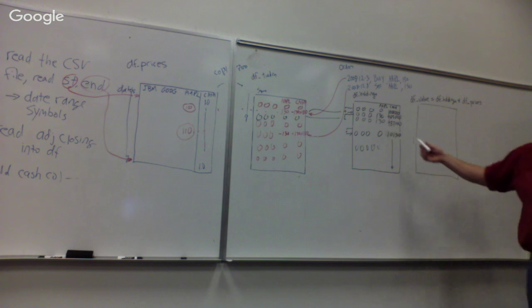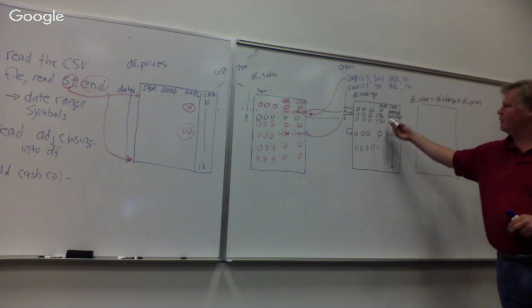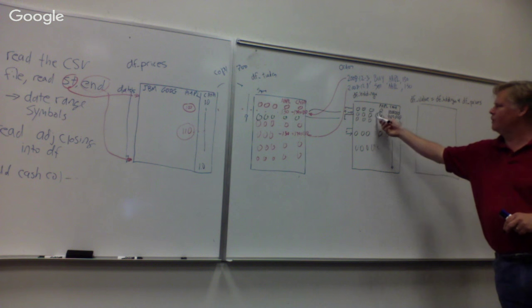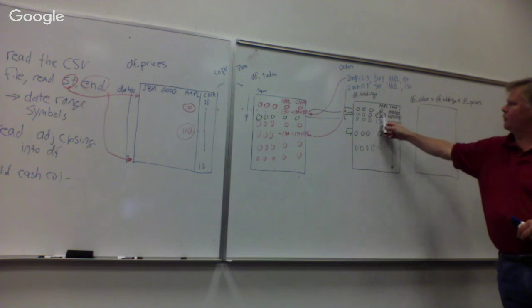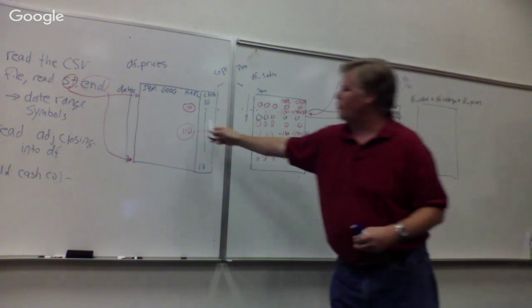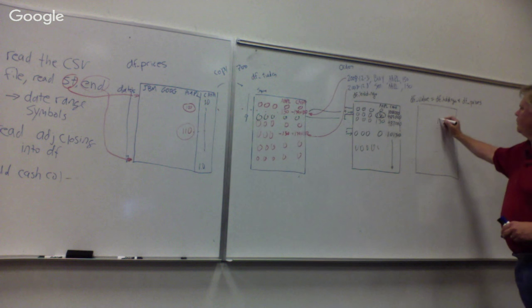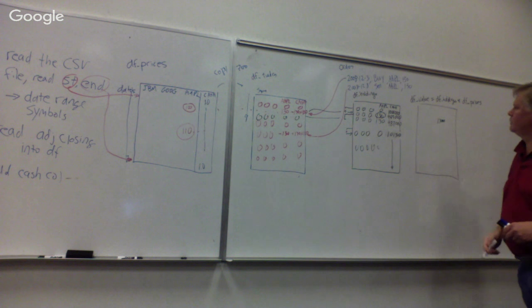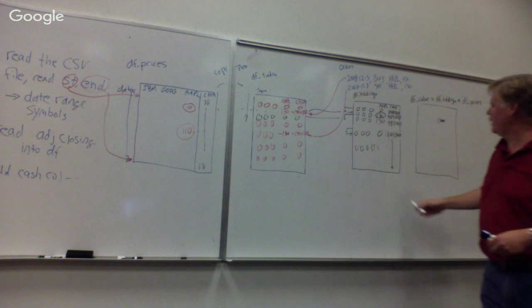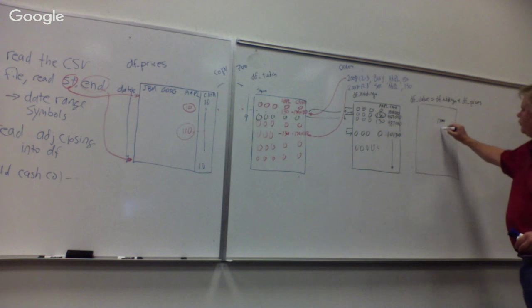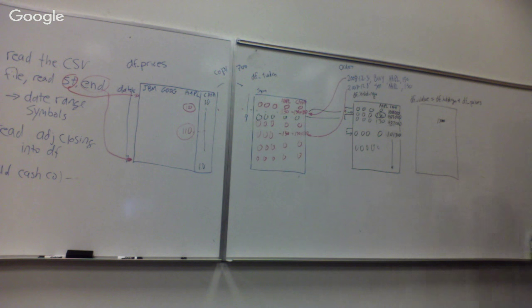And so, for instance, on this day, we'll get 130 for Apple times 100. So we'll have 13,000 here. And that value will change daily as the closing price of Apple changes daily, right? It'll go up a little bit and down a little bit.